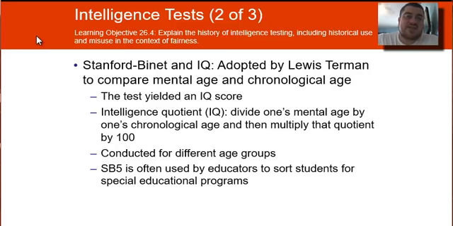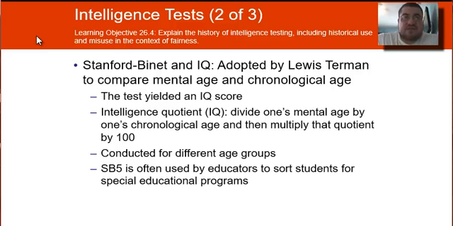Now, IQ stands for intelligence quotient. So a quotient, we're talking about division, right? Just think that. Divide one's mental age by their chronological age, and then multiply that by 100 to get their transformed score. So if you are 15, that's your chronological age, and you score perfectly average on your test and get a mental age of 15.